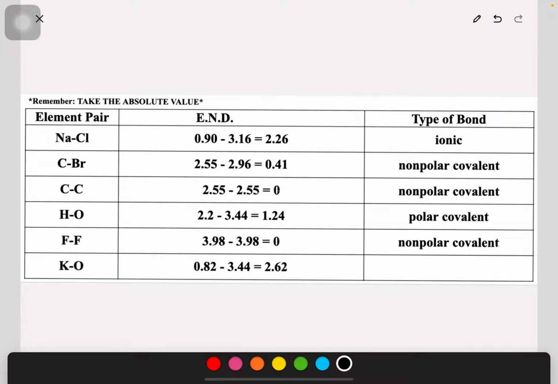Right from the start, before we even did any calculations, we remember that potassium is a metal and oxygen is a nonmetal, so that will be an ionic bond. All right, we will practice this more tomorrow in class, and you let me know if you have any questions.